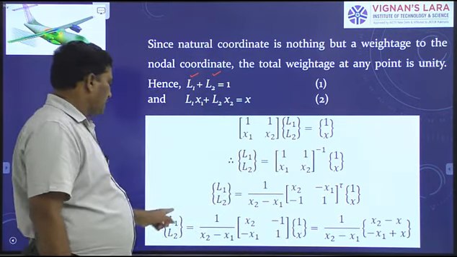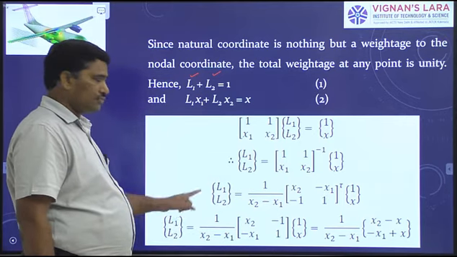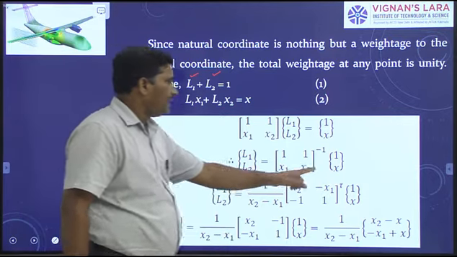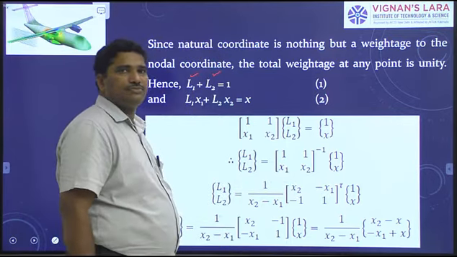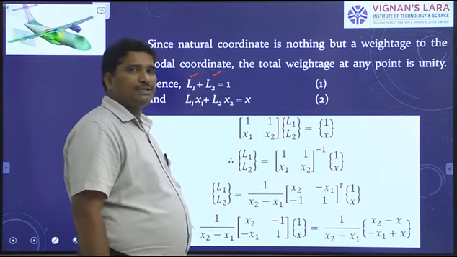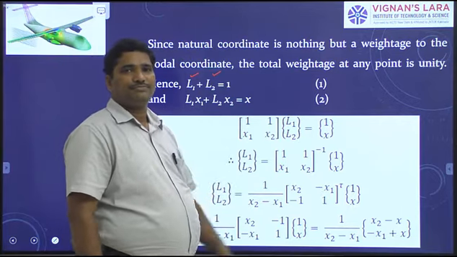Now, a column matrix having the elements L1 and L2 equals 1 by x2 minus x1 into the transpose of this. When you write the transpose, what happens? In the resulting matrix, row becomes column.